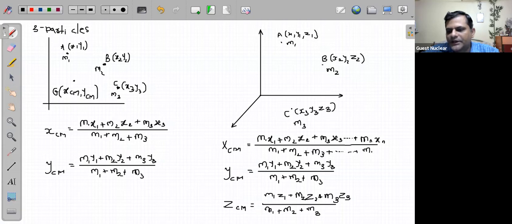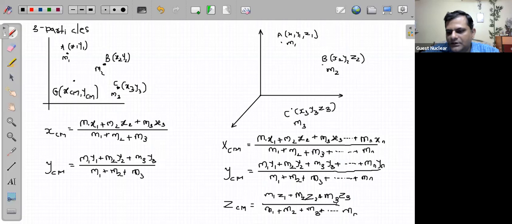The mass of the nth particle has to be added here, and in the same way here also we can continue adding this product of mass of each particle and y coordinate of each particle, up to mn into yn, and this will be divided by the summation of masses of all the particles in this way.